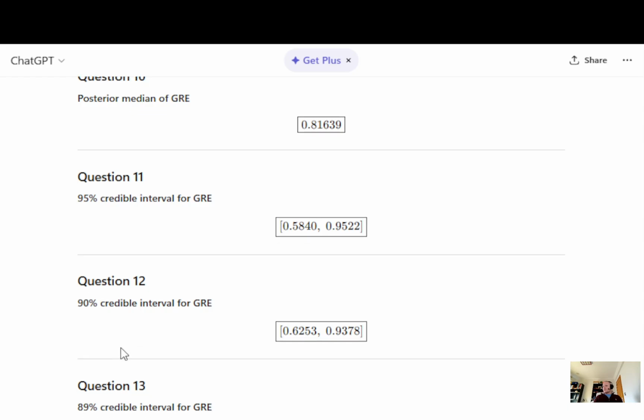And then we wanted some credible intervals around that point estimate, and we get as a 95% credible interval 0.584 until 0.952. The 90 and the 89% interval, of course, are a bit narrower because, well, the smaller the percentage, it includes less of the distribution, so it gets a bit more narrow.